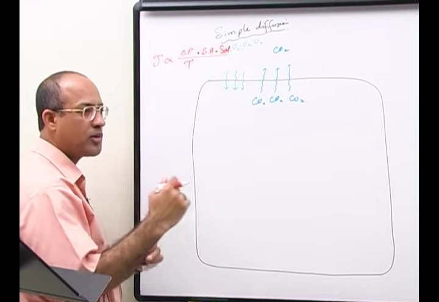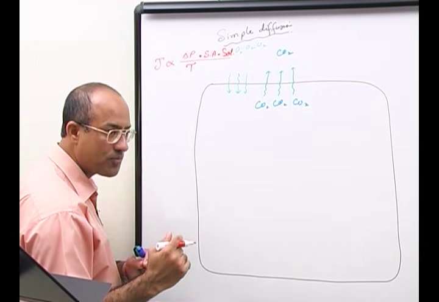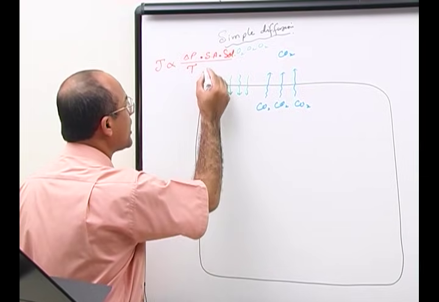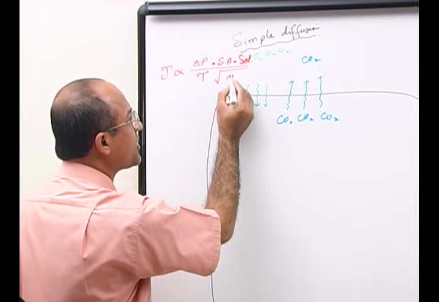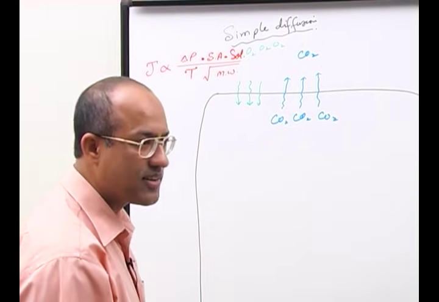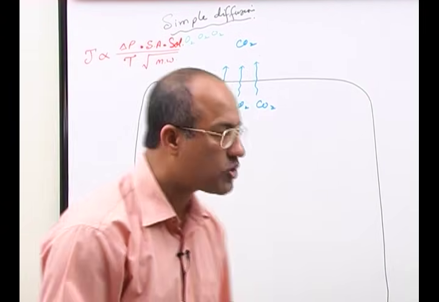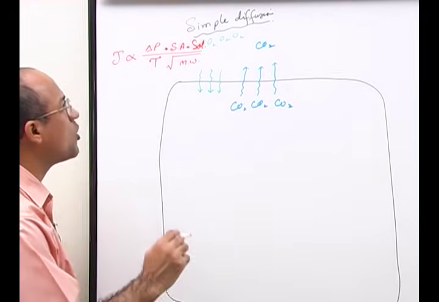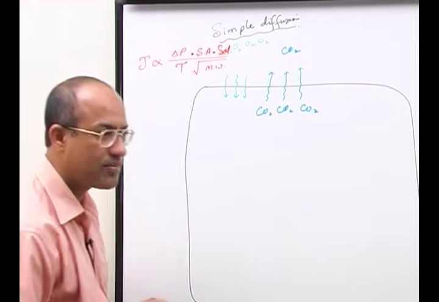If the membrane becomes more and more thick, then the diffusion rate will become slow. And secondly, it is also inversely proportional to the molecular weight of a substance. Of course, as the molecular weight of the substance increases, the rate of diffusion across the membrane will become less, right? So these were a few words about the most simple transport mechanism across the membrane, right?